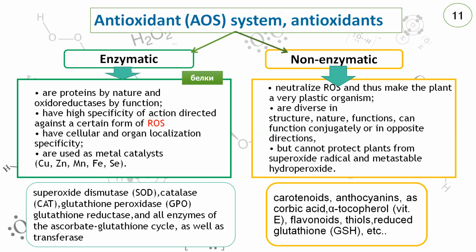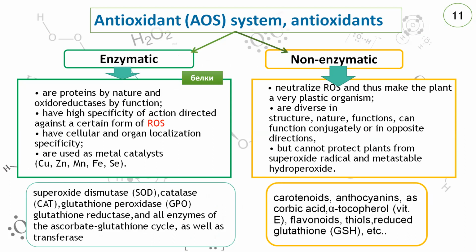Antioxidant systems are divided into two groups: enzymatic, which are proteins by nature, antioxidant by function, have high specificity of action directed against a certain form of ROS, have cellular and organ localization specificity, and use metal catalysts, such as iron, copper, and others.